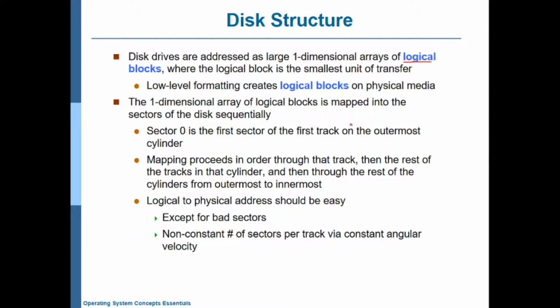Disk drives are addressed as a one-dimensional array of logical blocks, where the logical block is the smallest unit of transfer. Low-level formatting creates the logical blocks on the physical media. Whatever the contents, they are stored in secondary memory, and we call them logical blocks. We won't call it kilobytes; we say logical blocks.